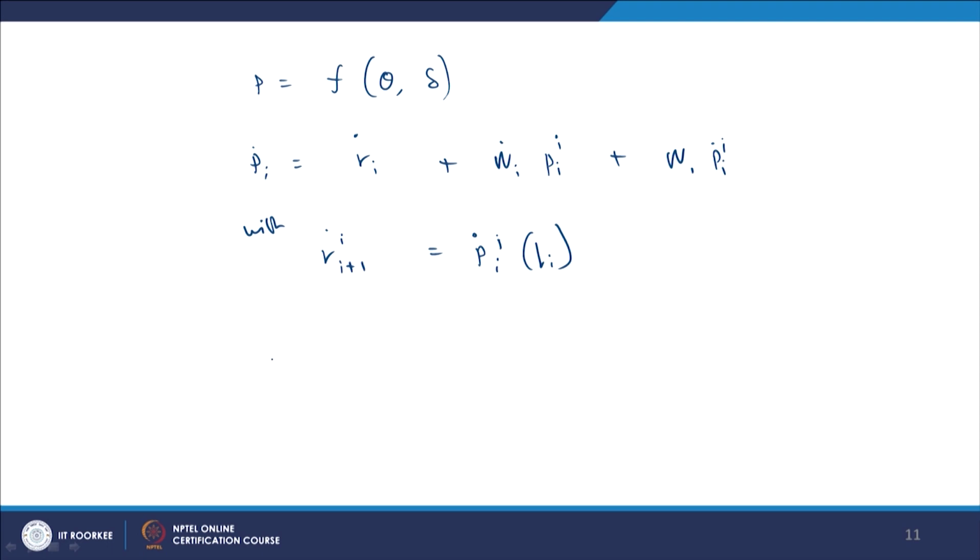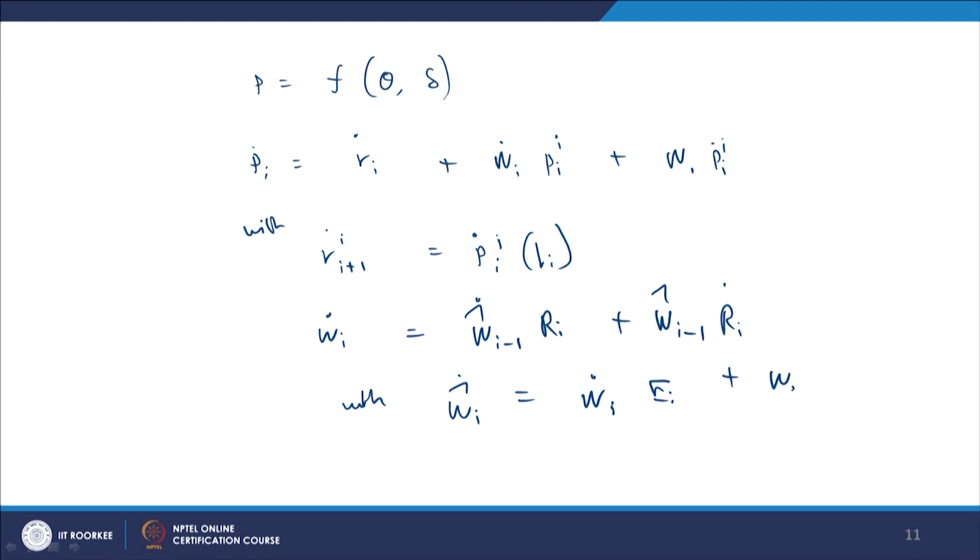Okay. So, we can take that Ẇ_I equal to Ẇ_{I-1} hat R_I plus W_{I-1} hat Ṙ_I, with Ẇ_I hat equal to Ẇ_I E_I plus W_I Ė_I.